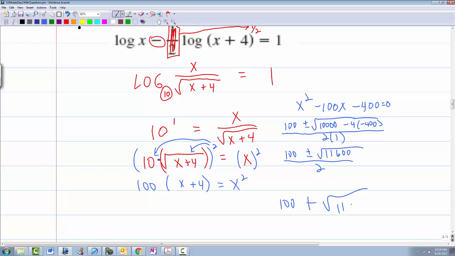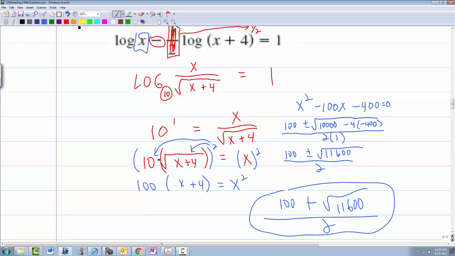It's the plus one, because the one that has a minus in front of it gives me a negative, and I can't take log of a negative, and that alone screws it up, right? So even though we did a quadratic formula, I don't think you have an extraneous solution in there. There is, all right? And that's how we're going to end it.